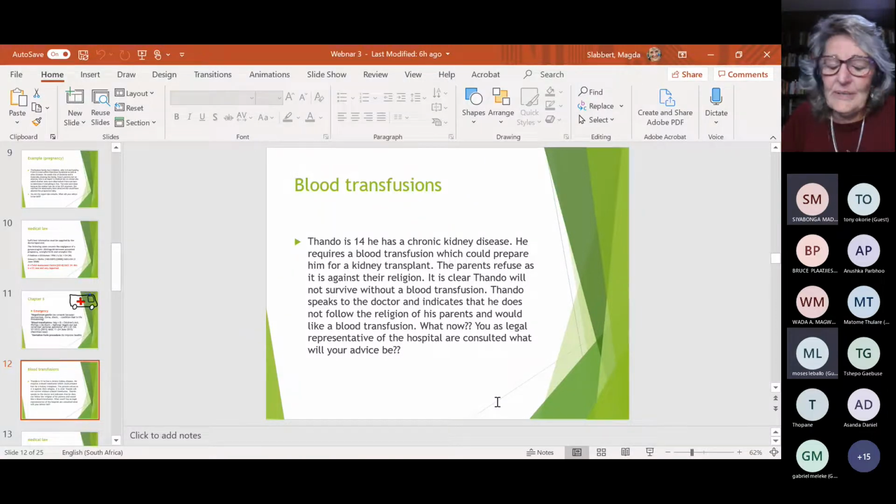So the nurses got extremely angry and they made a note in the child's file that the child is misbehaving and is calling them baboons and they don't like it, etc. So the mother of the child came to the hospital and she looked through the file and she saw the note. And then she went to the hospital management and she got her lawyer and she insisted that that inscription should be removed from the child's file. So what will your legal advice be?